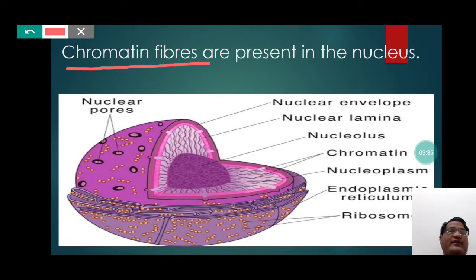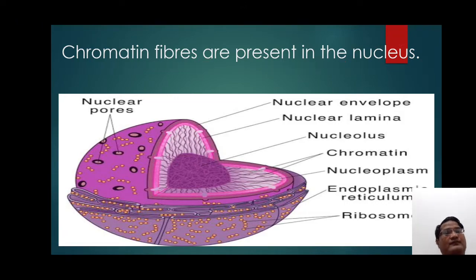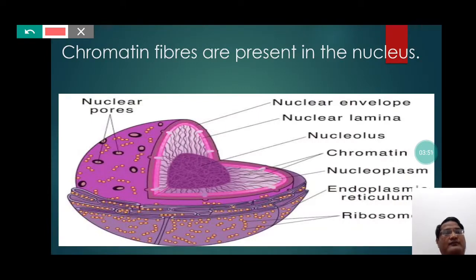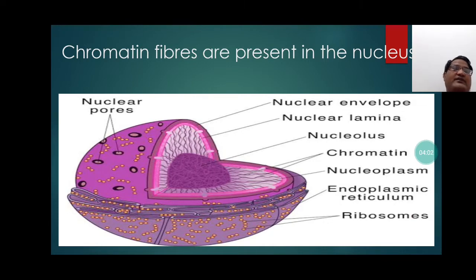So chromatin fibers, which are the prerequisite for the chromosomes, also remain present in the nucleus. If you concentrate on this picture, then we can notice here the presence of chromatin fibers, which are thin thread like structures, which are actually DNA wrapped around histone protein.